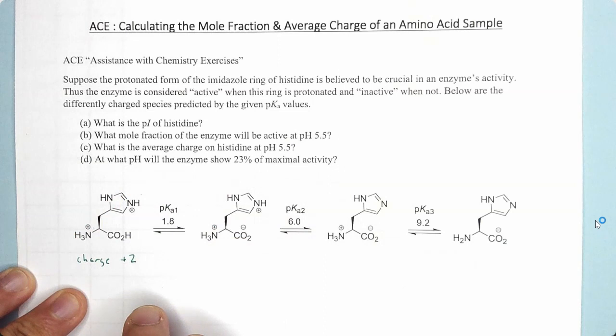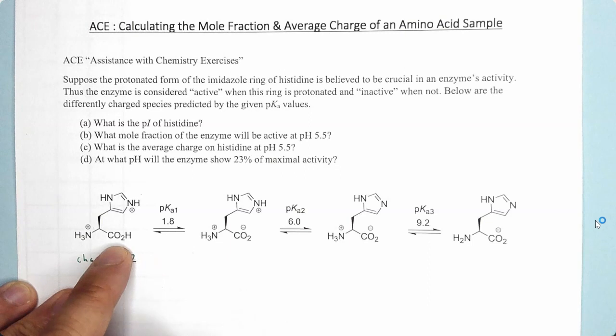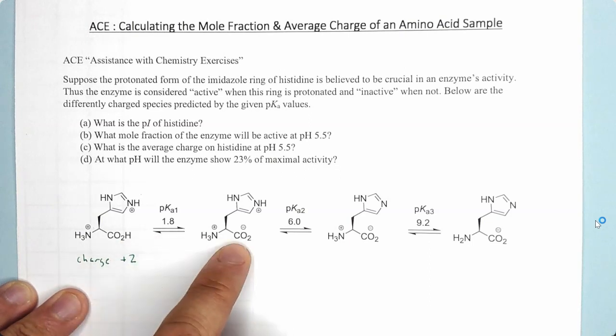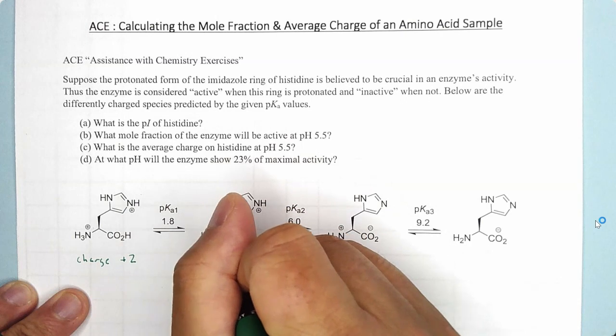And as we make the pH more basic, we're going to start plucking off these protons. If we cross over the first pKa value, I think that's the pKa for this carboxyl group, we deprotonate that to get the negative functional group, and so now we are +1.